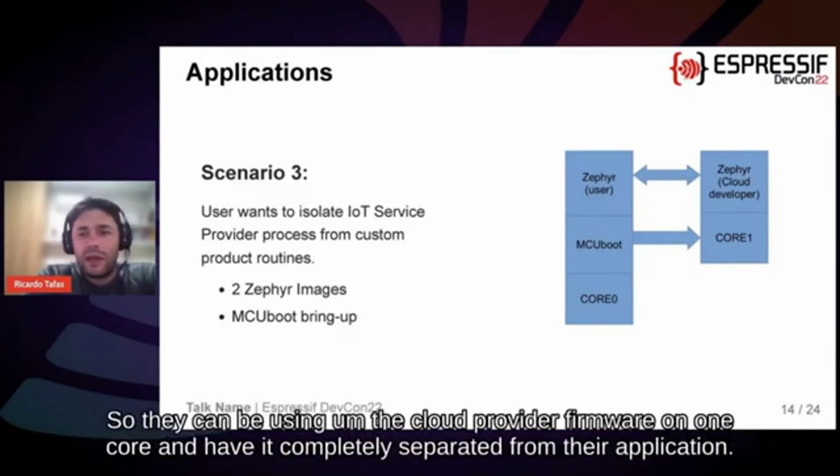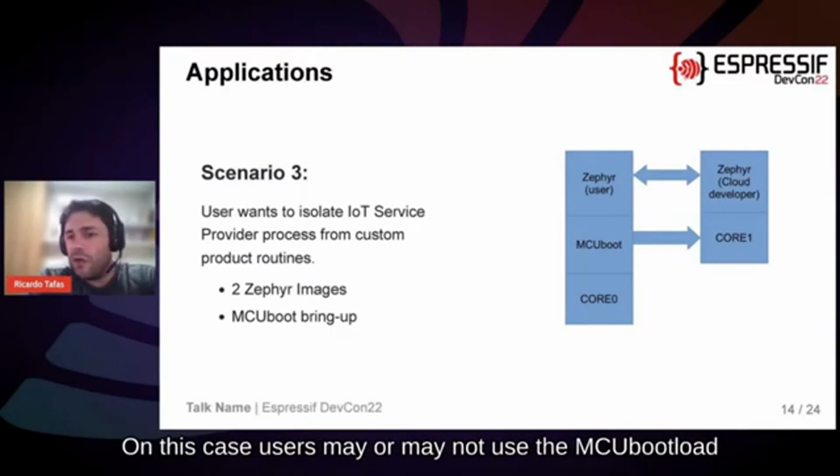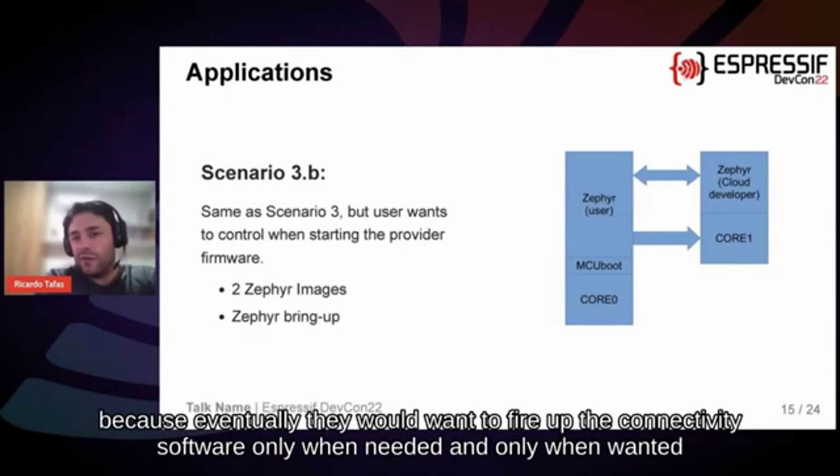So they can be using the cloud provider firmware on one core and have it completely separated from their application. In this case, users may or may not use MCUboot, because eventually they would want to fire up the connectivity software only when needed and only when wanted.